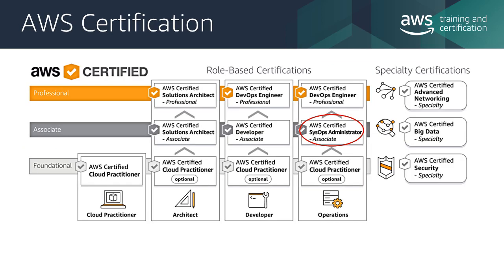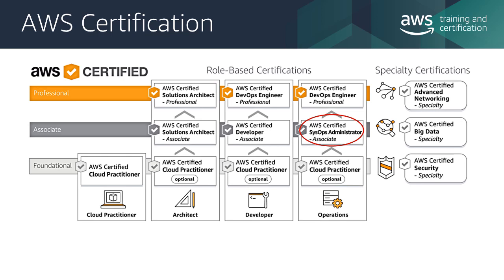We're talking about the certification for SysOps Administrator as it fits into the larger view of the different certifications. You can see that we start out at the foundational level with Cloud Practitioner. This is not required before you take the SysOps Administrator course, but it's a good idea if you've never taken an AWS certification to take Cloud Practitioner, just to get an understanding of how the test mechanics work.